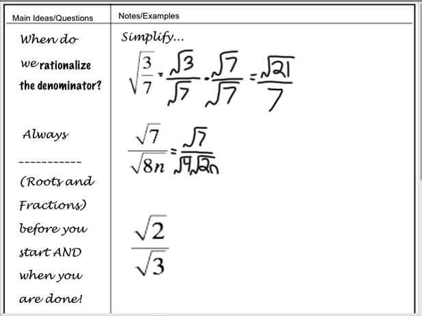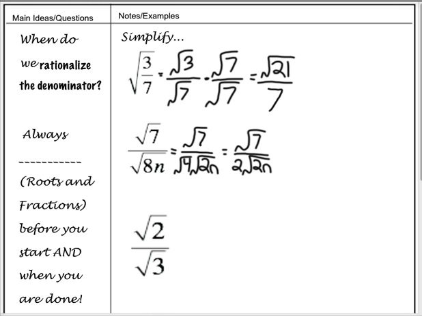So the square root of 8 is the square root of 4 times the square root of 2. Now, the reason I'm having you do that first is it'll save you some reducing later on in the problem, if you can remember to reduce that first.